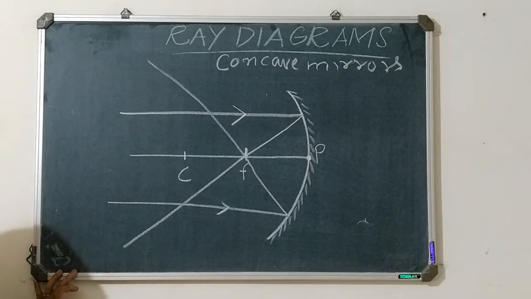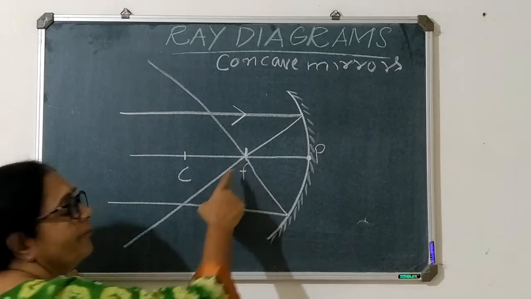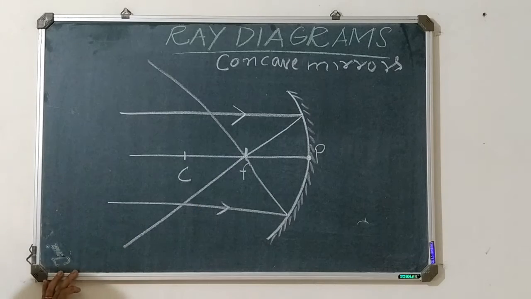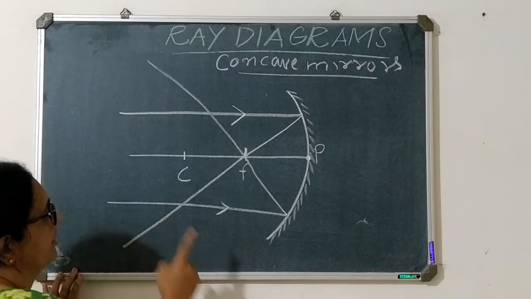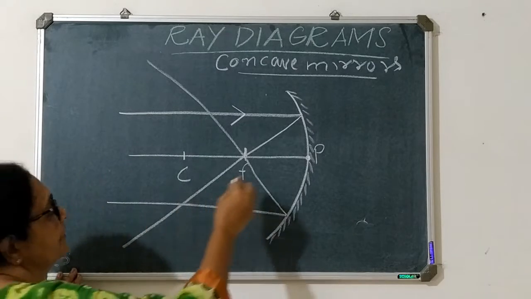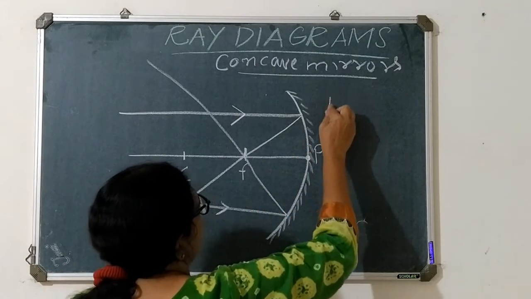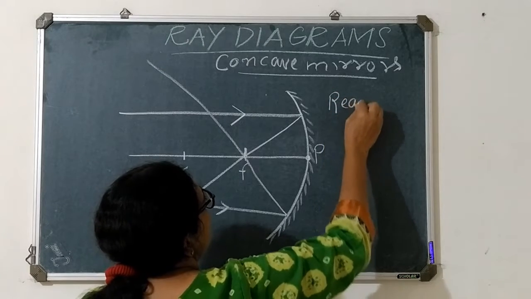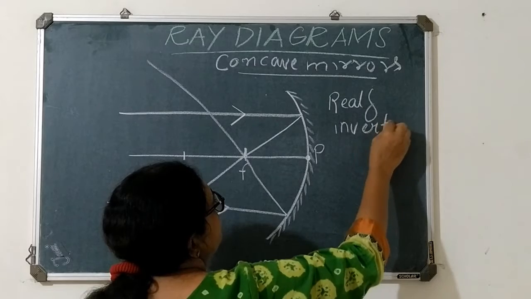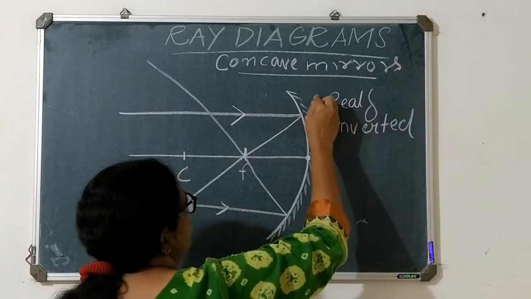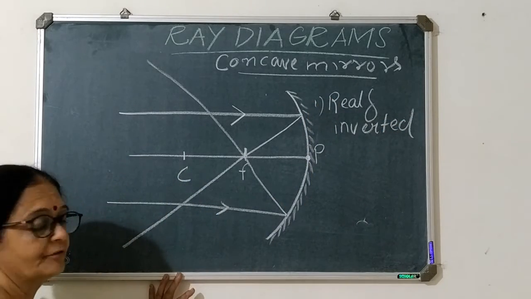So when the object is at infinity, the image will be formed at the focus. And for a concave mirror, the type of image when the object is at infinity will be real and inverted. That is the type of image.